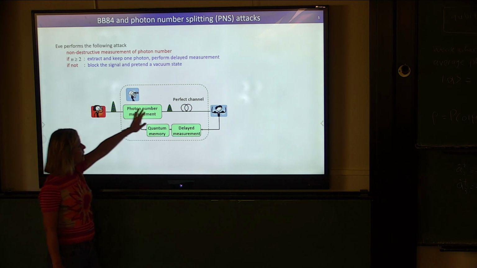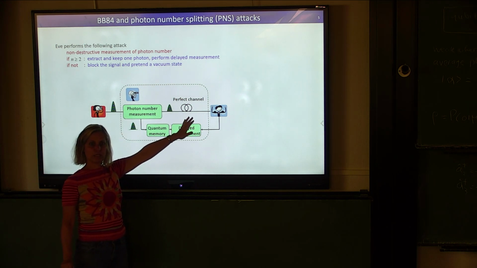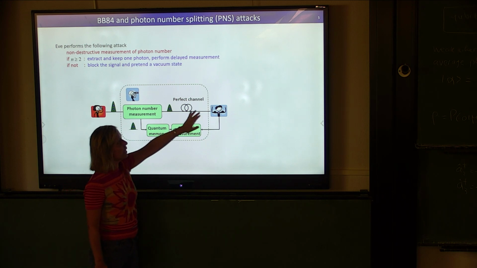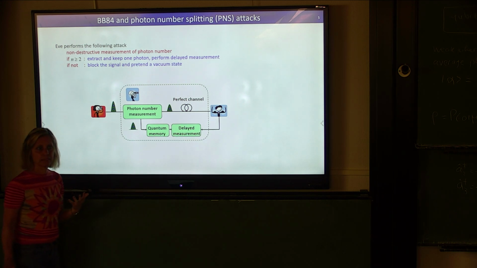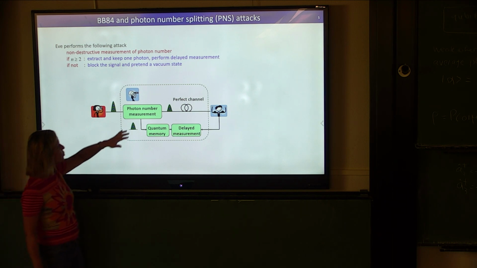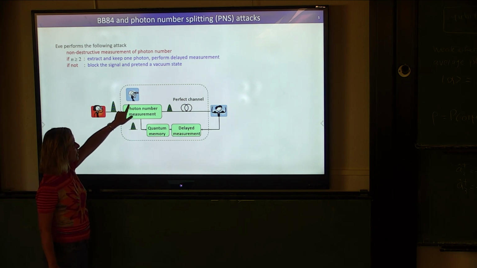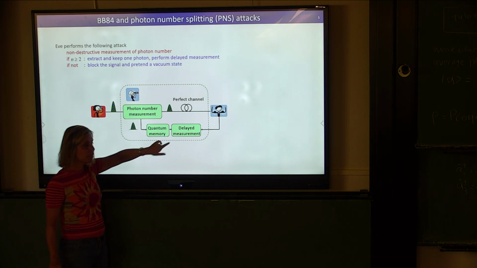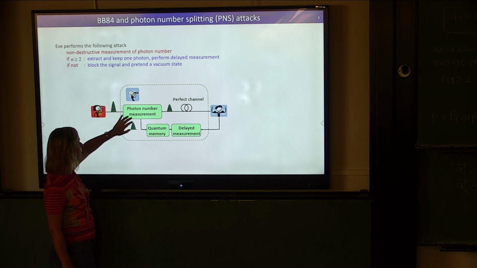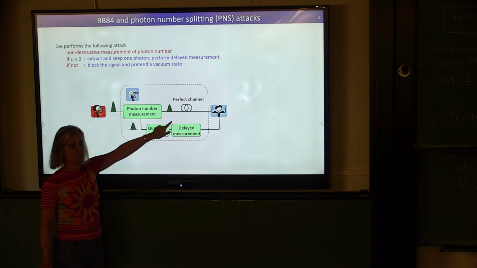She waits until Bob performs his measurement, as in usual BB84 implementations. He will then announce, as usual, the basis on which he has performed the measurement. And so Eve at that point can perform a delayed measurement on her stored photon, which is in exactly the same state as the photon that Bob received.